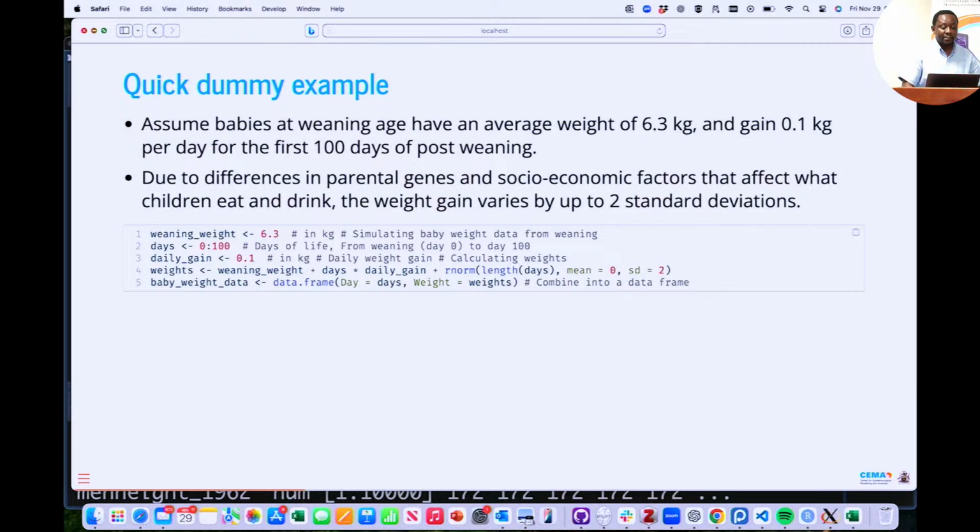So that variation is defined by this thing here, exactly as we were doing before. We say that variation assumes a normal distribution. We want to do it for 100 days, which is the observation time. And in each of those, the mean of that variation will be 0, but the standard deviation is 2. Okay?